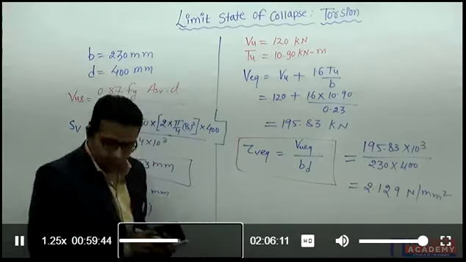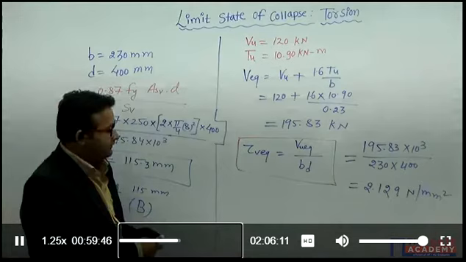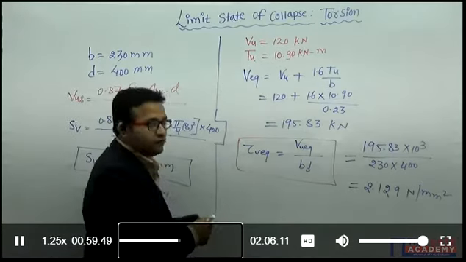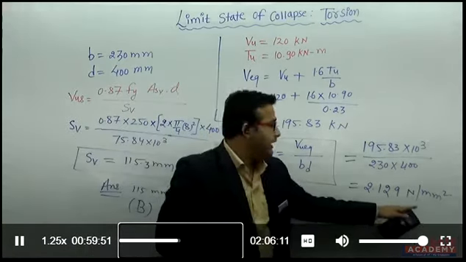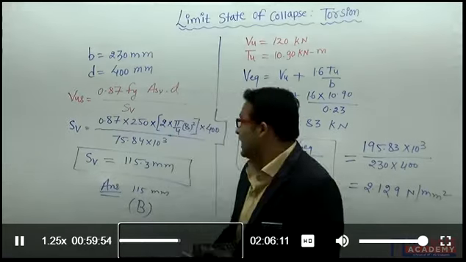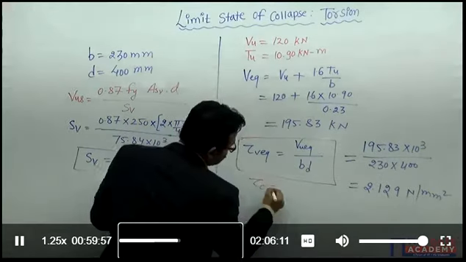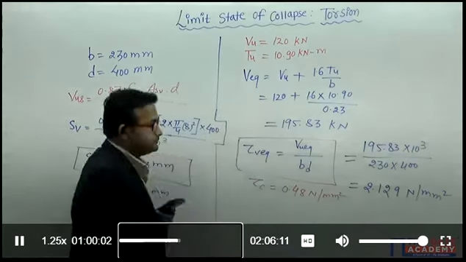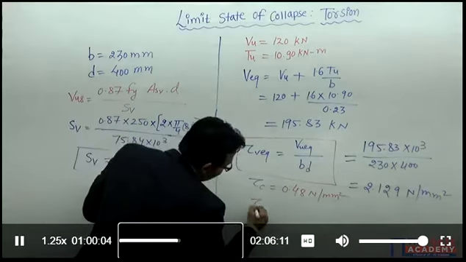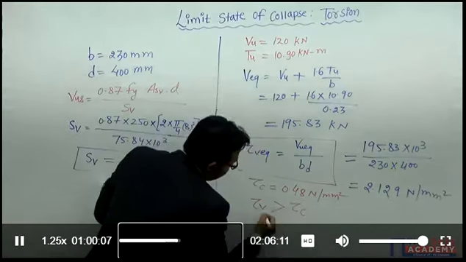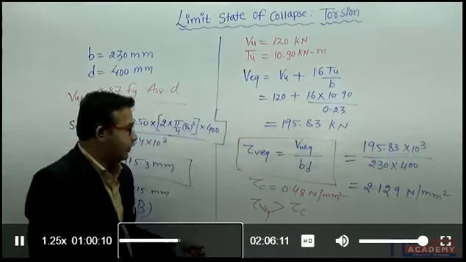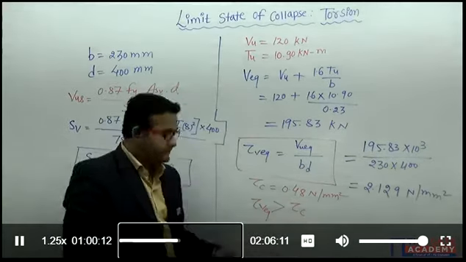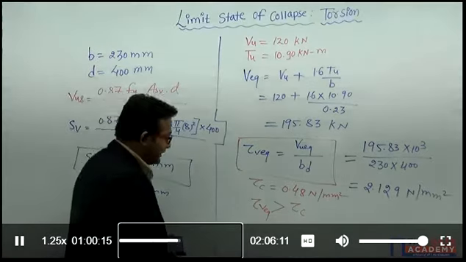I know the formula of design shear stress. So definitely I got the value of tau V equivalent is 2.129 Newton per mm square, and the available shear strength of concrete tau C is equal to 0.48 Newton per mm square. So here I am getting tau V equivalent is greater than tau C, meaning I need to design my shear stirrups.